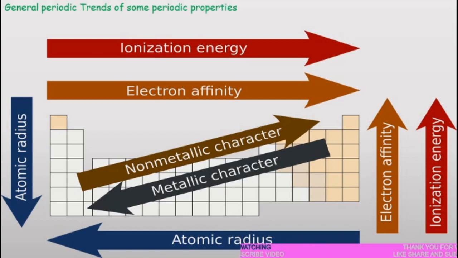Atomic radius also increases from top to bottom because the number of shells added increases. Electron affinity and ionization energy also show trends from top to bottom. And there is non-metallic character and metallic character as well.